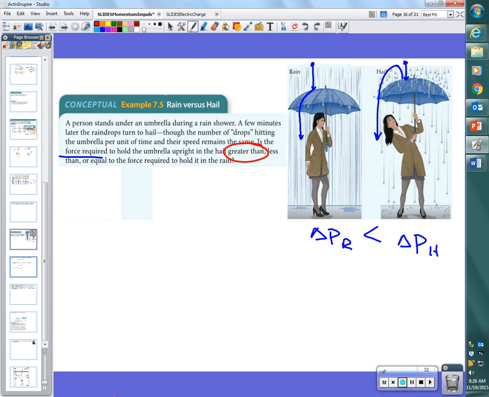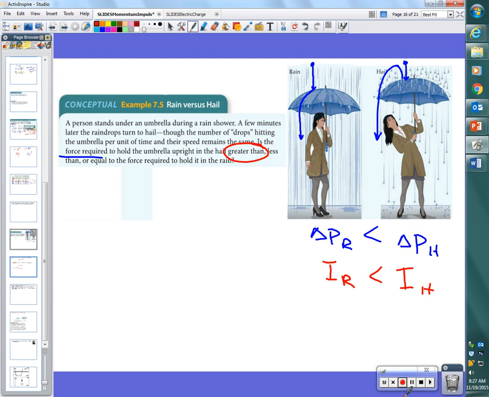Going back to this discussion right here, which requires a greater impulse, the hail or the rain? The hail requires a greater impulse because the impulse of the hail has to be greater than the impulse of the rain. Why? Because impulse changes momentum. And if the hail has a greater change in momentum, it's also going to have a greater impulse.